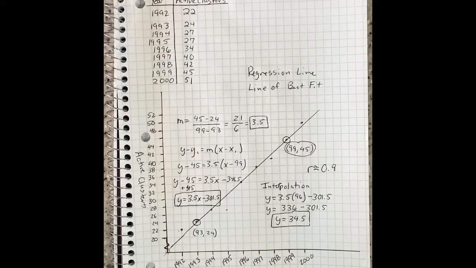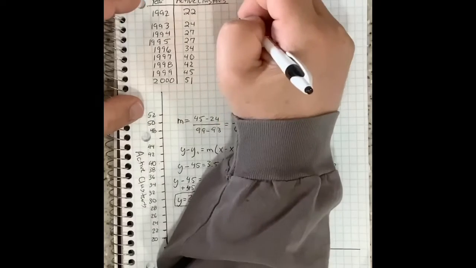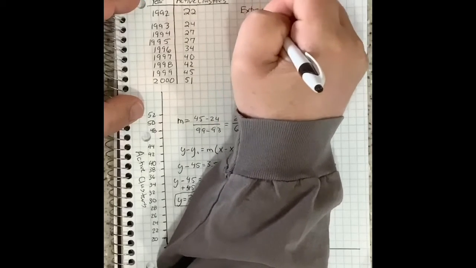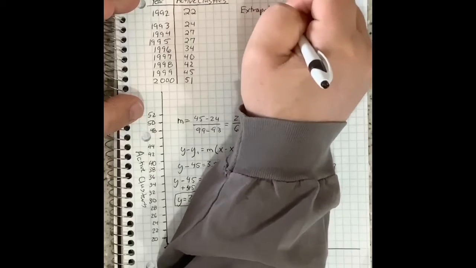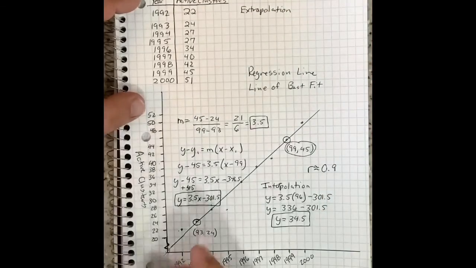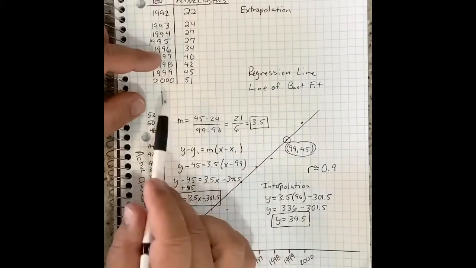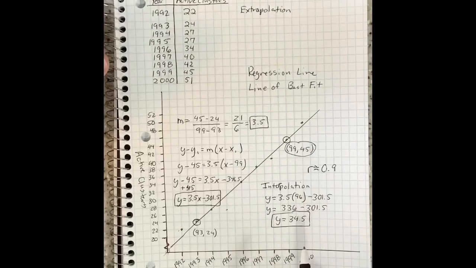Now, the next thing that we're going to talk about is extrapolation. Extrapolation is using points outside of the data. So our equation is pretty dang good for our interpolation. We're a half a cluster away, and I don't even know if you could have a half a cluster. So that's really good.